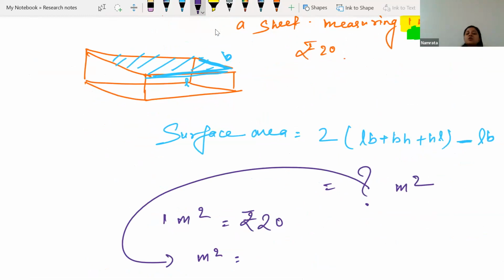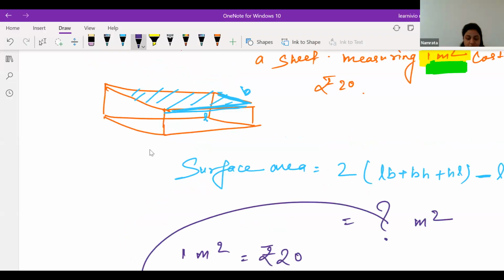Anyone having any doubt, please tell me. Otherwise, I'll move to the next part. If you have a doubt, I'll show you how to calculate the area and the total price. Please let me know. Take a minute. Yes, it's clear. Okay, let's move to the next part.